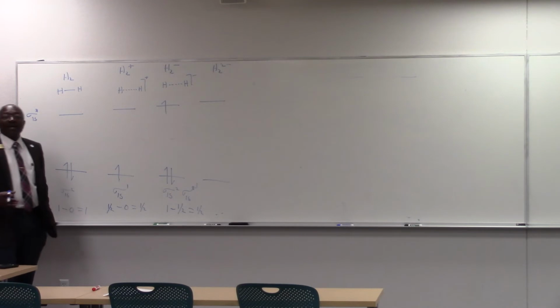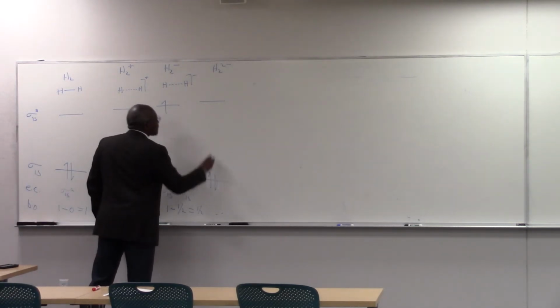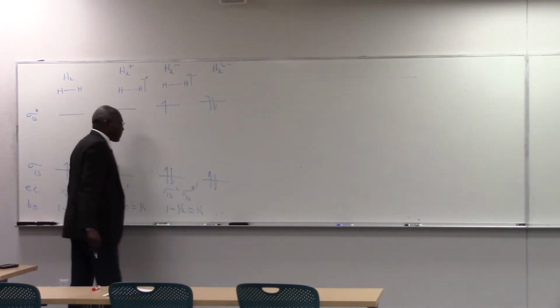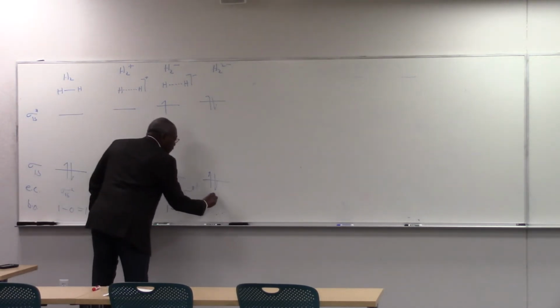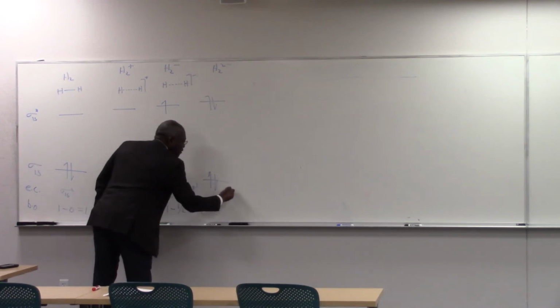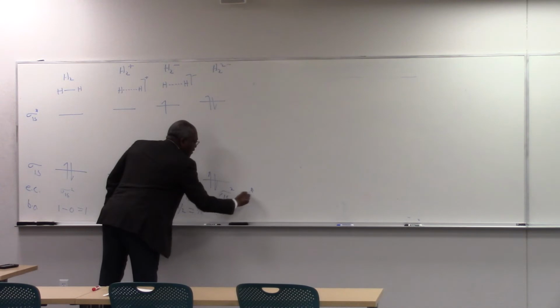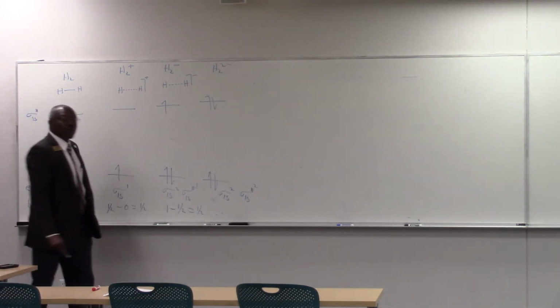How many electrons do I have there? Well, there are 4: 1, 2, 3, 4. So what would the EC be? It would be sigma 1s2, sigma star 1s2. What's my bond order?